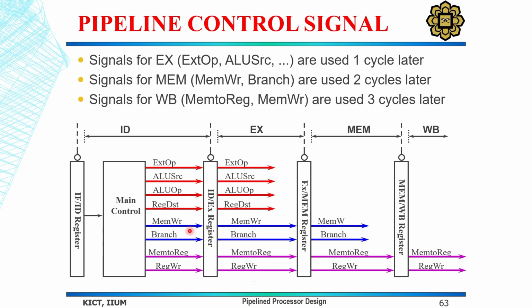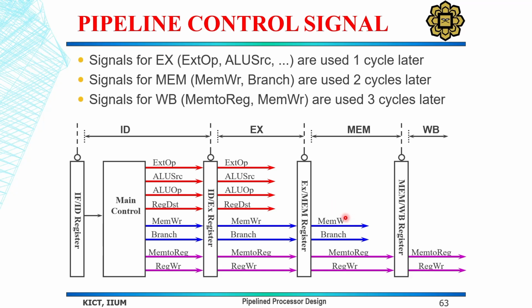Then here we have memory write, which enables writing to data memory, and it is used for the store word instruction. Then we have branch, which enables branch and lets the PC decide what source to use.